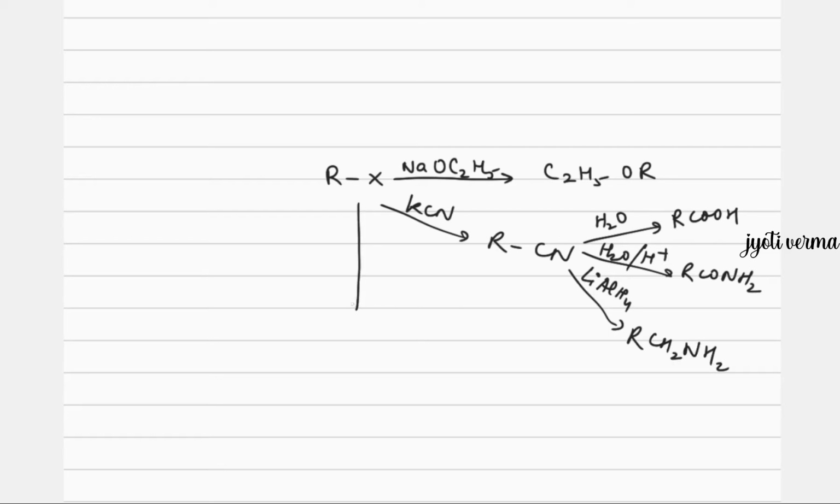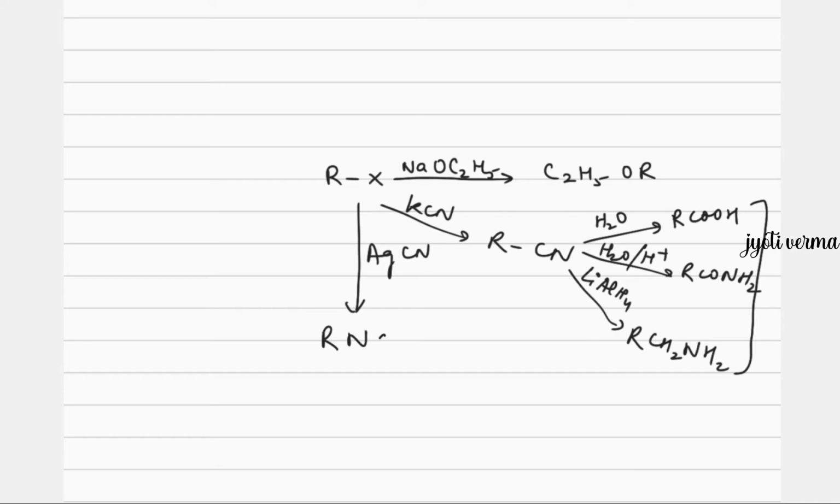If we do the reaction of alkyl halide with KCN, this particular reaction is used for increasing the number of carbon atoms by 1. We can well observe that here the number of carbon atoms is increased by 1. Now the other reaction is with AgCN.